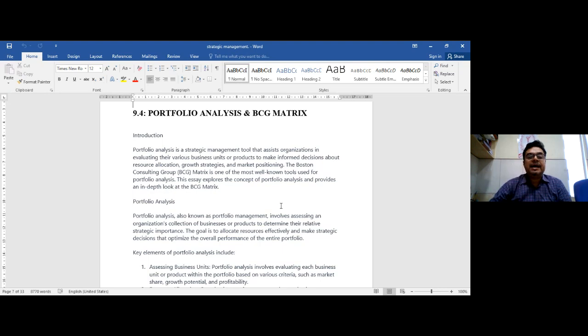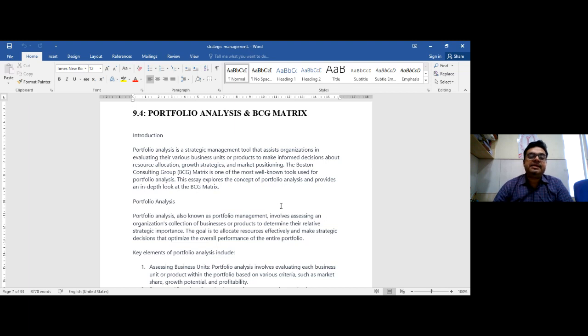We need to deeply analyze the relevance of portfolio analysis so that on the basis of the understanding of the portfolio analysis, we can assess the Boston Consulting Group matrix. Now, what is the portfolio analysis all about?